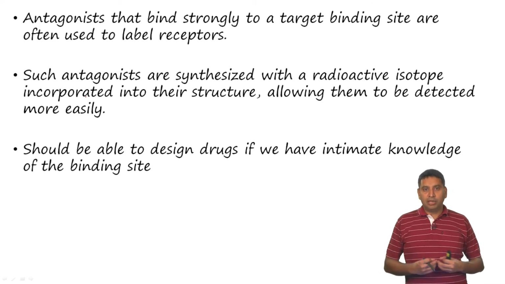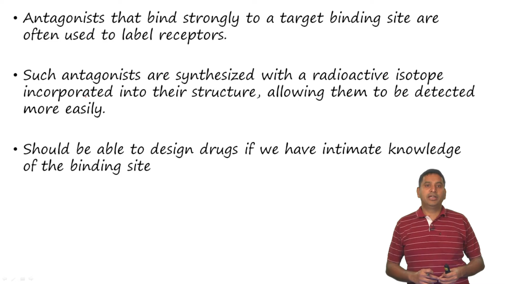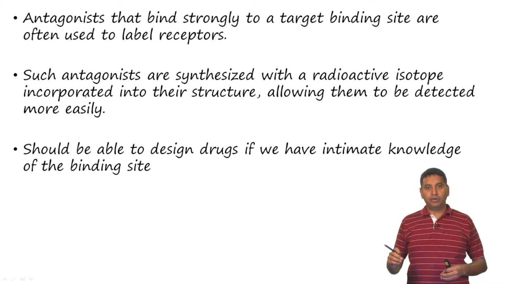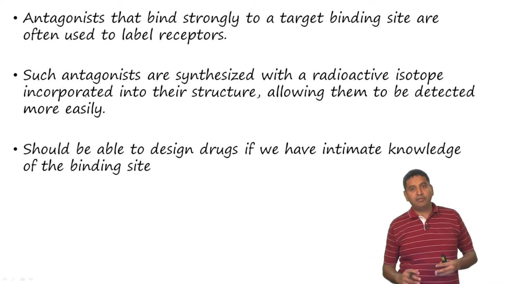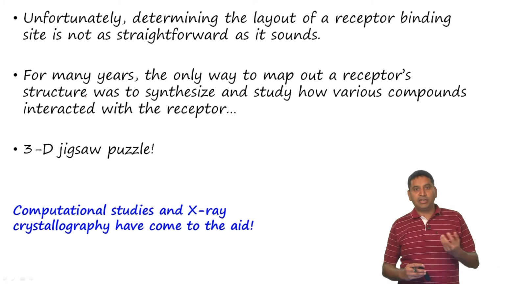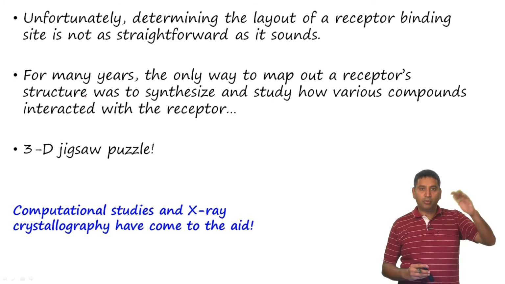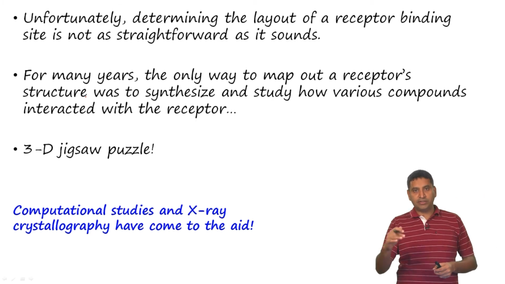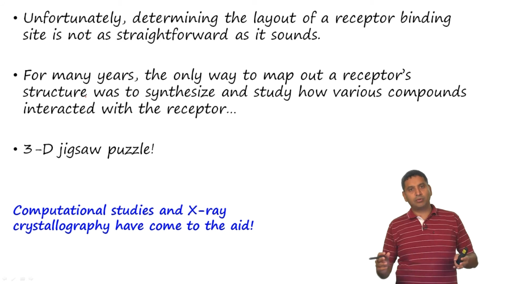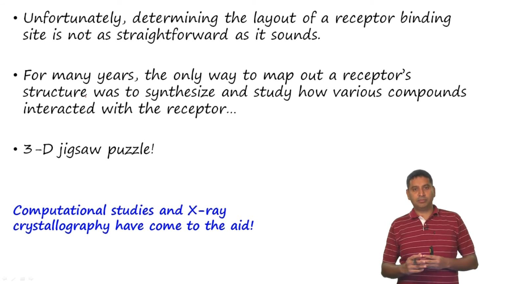Okay. So, the working hypothesis here is that we should be able to design drugs if we have intimate knowledge of the binding site, which is not easy to attain, and it is not as straightforward as it sounds. For many years, the only way to map out the receptor structure was to synthesize and study various compounds that interacted with this receptor.